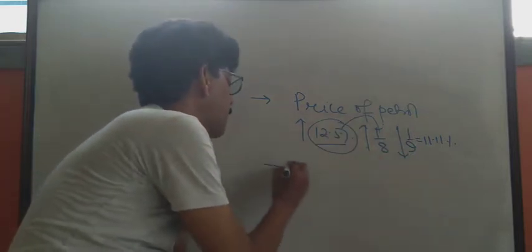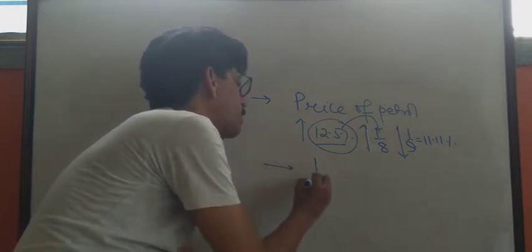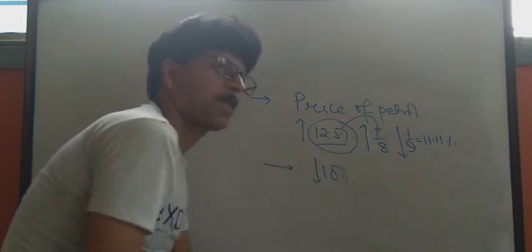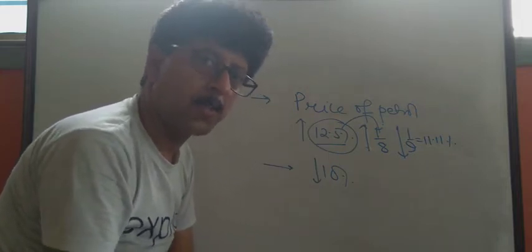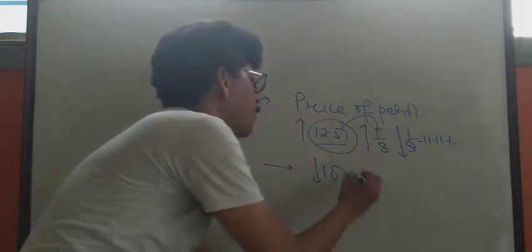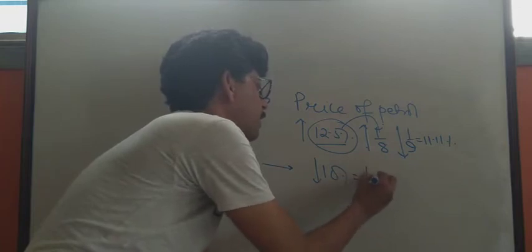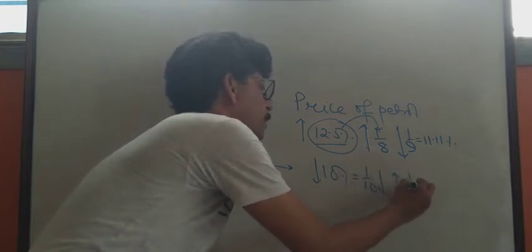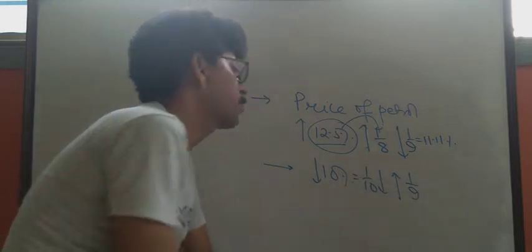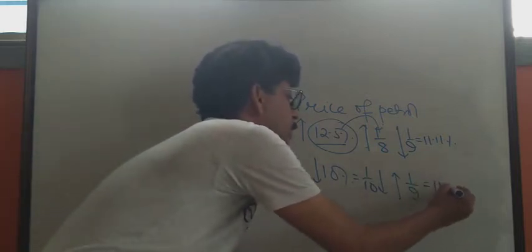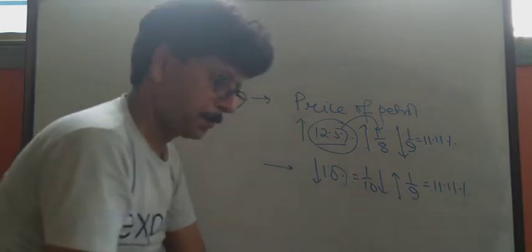If the price of sugar is decreased by 10%, then you are going to get more sugar for the same price. So how much more? This is 1 by 10 down, so 1 by 9 up, right? So this is equal to 11.11% more.